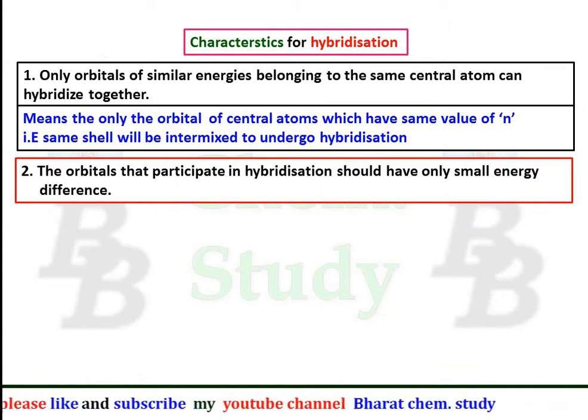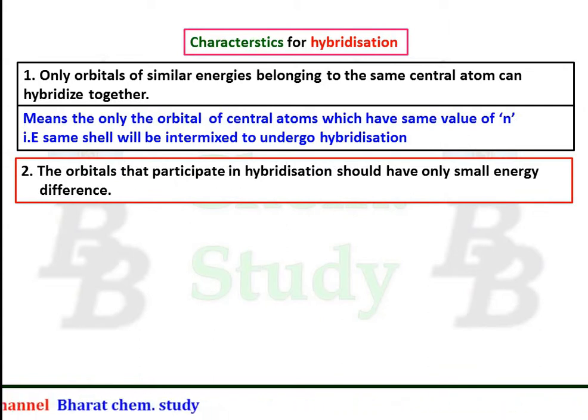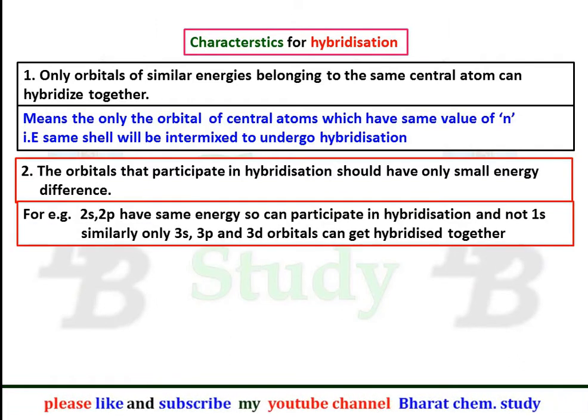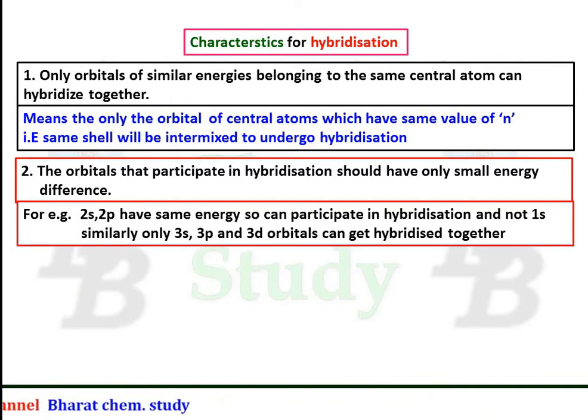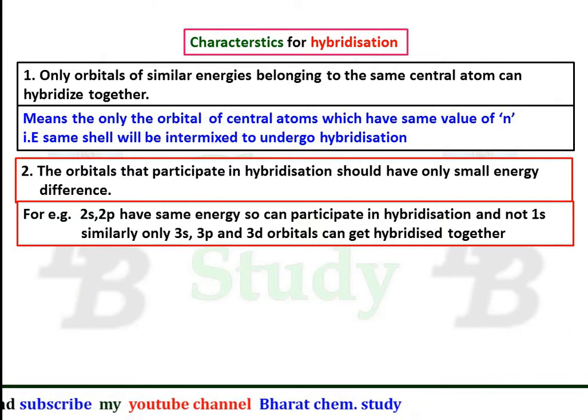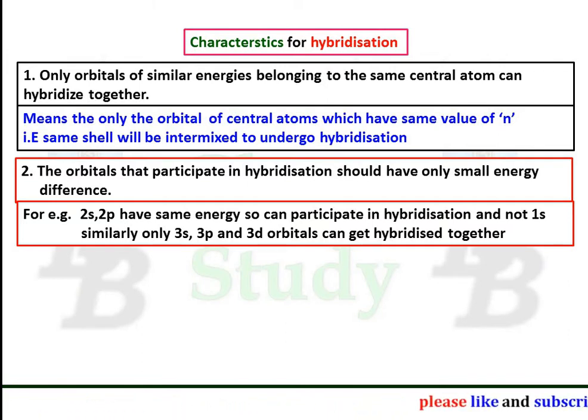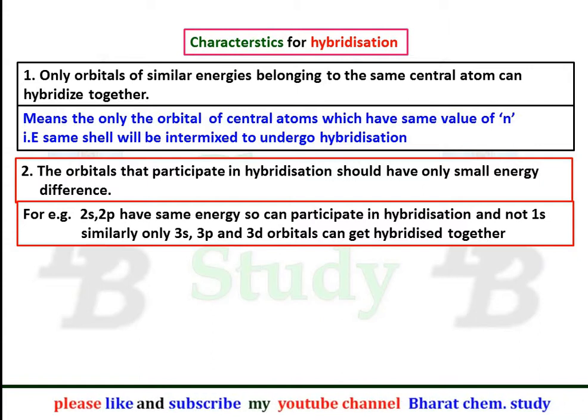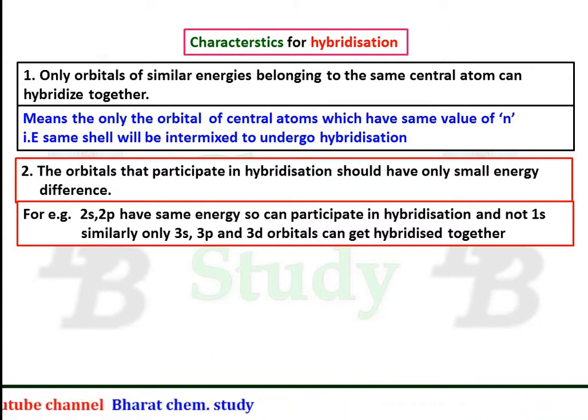Second point, the orbitals that participate in hybridization should have only small energy difference. For example, 2s and 2p orbitals have almost same energy, so they can participate in hybridization, but not 1s, because the energy of 1s is entirely different from 2s and 2p. And secondly, because 2s and 2p belong to the same shell, therefore they can undergo hybridization.